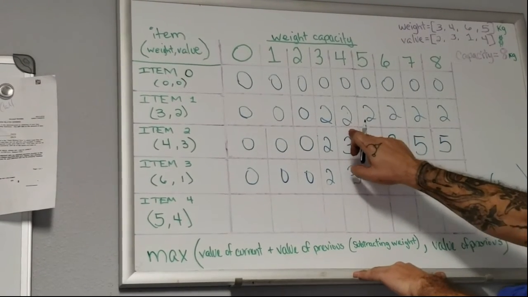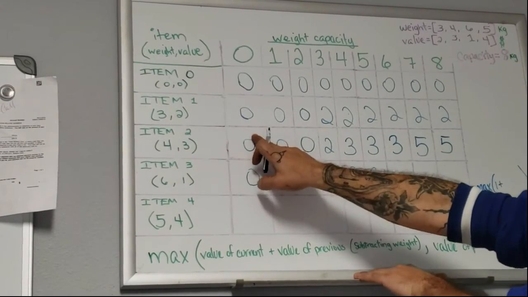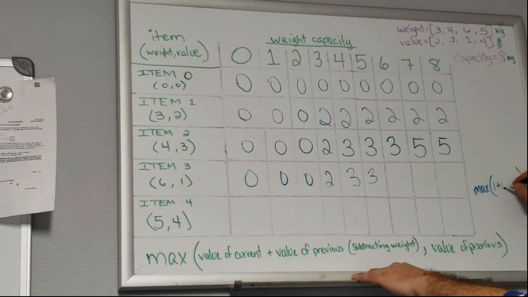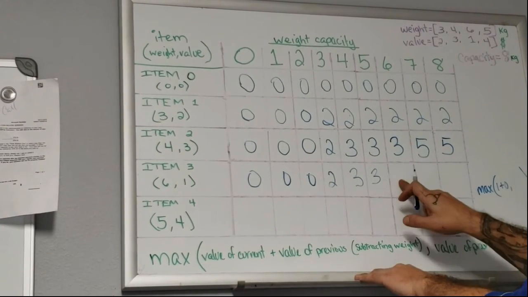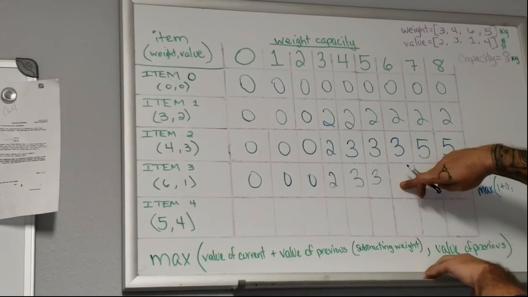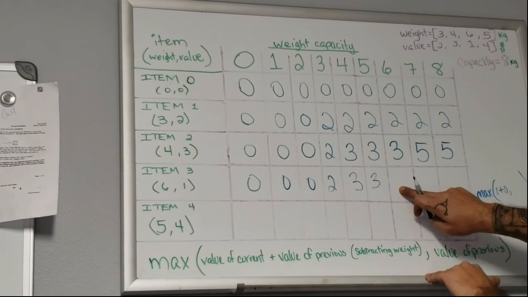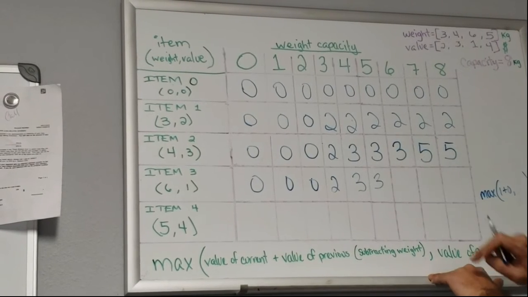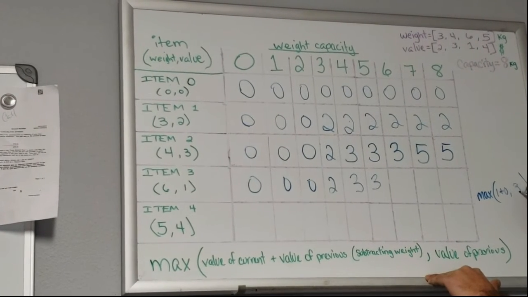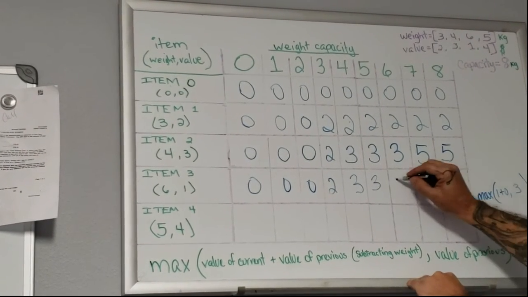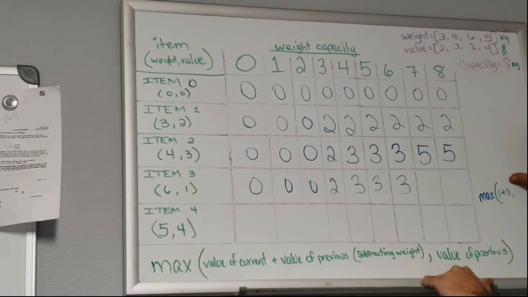So 1, 2, 3, 4, 5, 6. Value here is going to be 0. And the next value we need in our max function is the value of the previous. We get this by referring to the number on the top. Here is 3. So the max here will be 3.